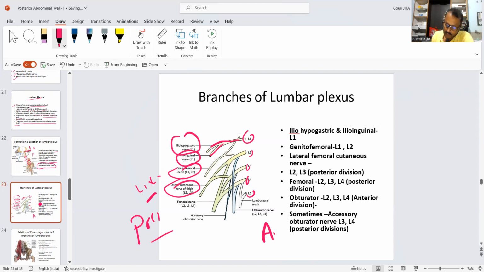So the femoral nerve, L2, L3, L4. This is the femoral nerve formed from L2, L3 and L4. And the obturator nerve is being formed by L2, L3 and L4.